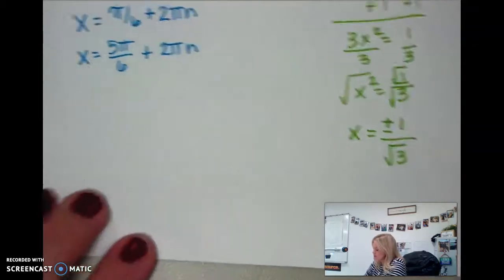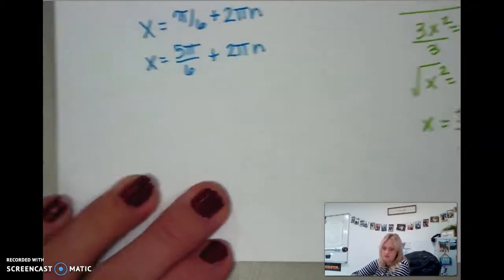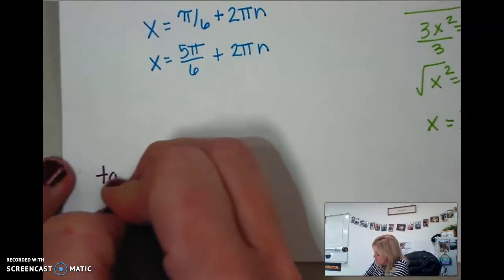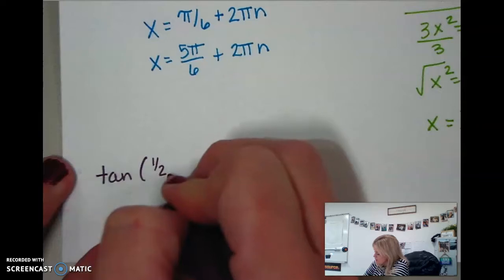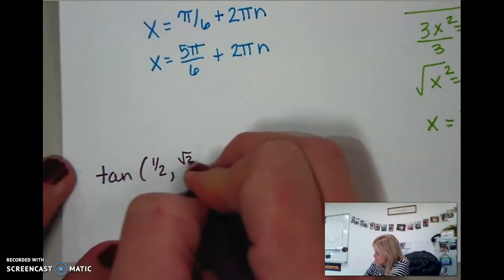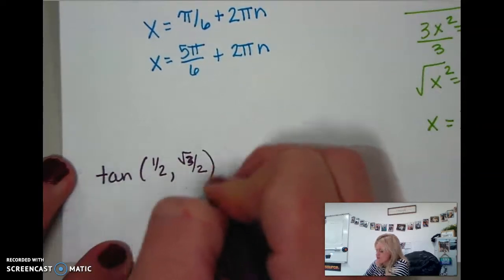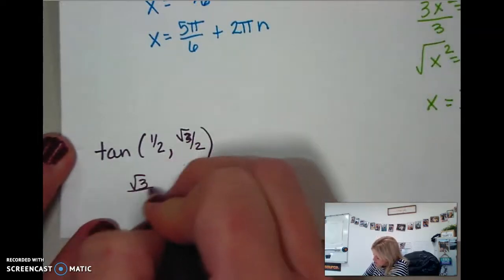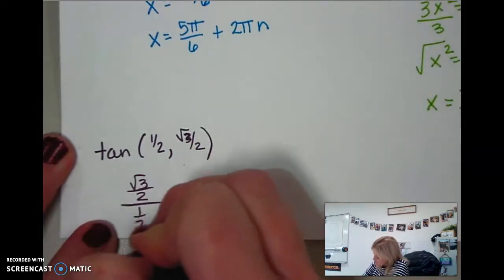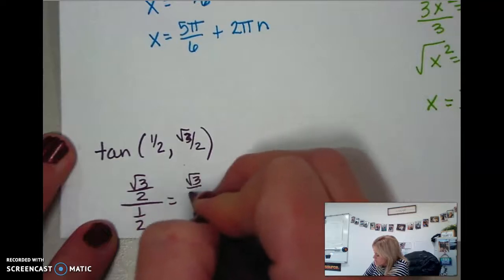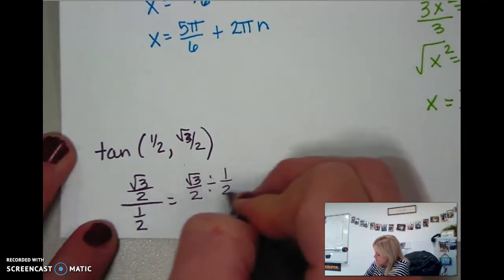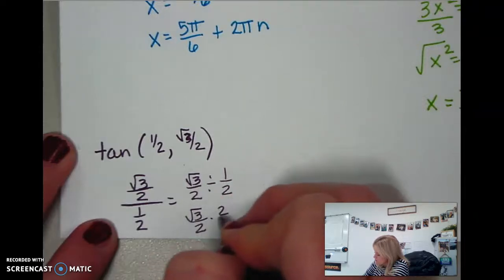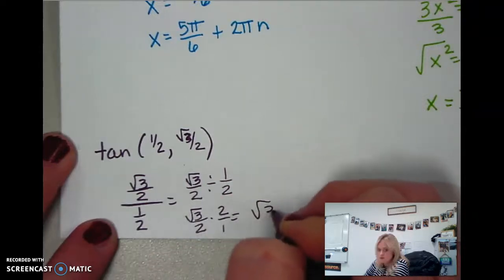And I would highly suggest writing this on your unit circle so you don't have to do this anymore. So if we're finding the tangent when x is 1/2 and y is square root 3 over 2, tangent, remember, is y over x, or square root of 3 over 2 divided by 1/2, which is the same as square root 3 over 2 times 2 over 1, and that gives us the square root of 3.